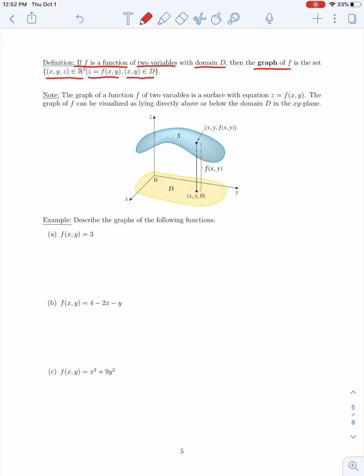So what we're describing here is a set of points in space. So we're looking at a surface. The graph of a function of two variables would be a surface in 3 space.